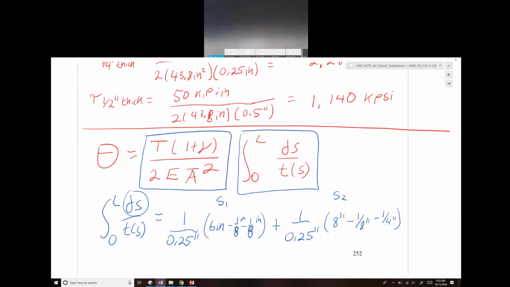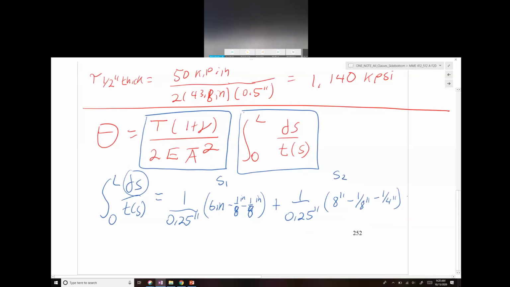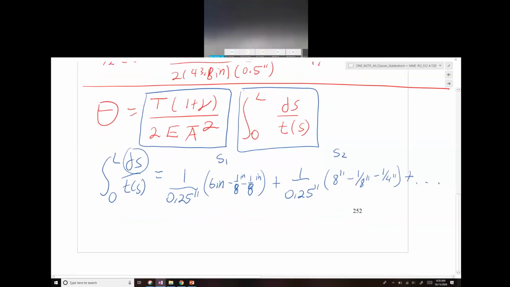So if we repeat the process for side 3, again, side 3 is 1/2 of an inch thick. So we have to put 1/2 of an inch on the bottom here in the denominator. And then the length of it would be the same as the length of side 1. So it would be 6 inches minus 1/8 of an inch minus 1/8 of an inch, half of the thickness of both the top wall and the bottom wall.